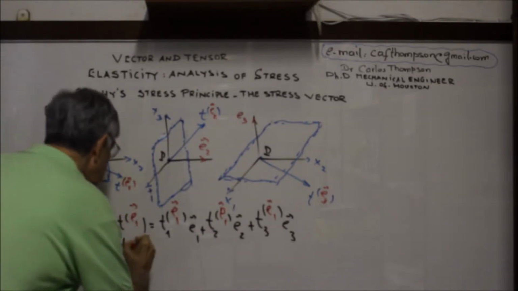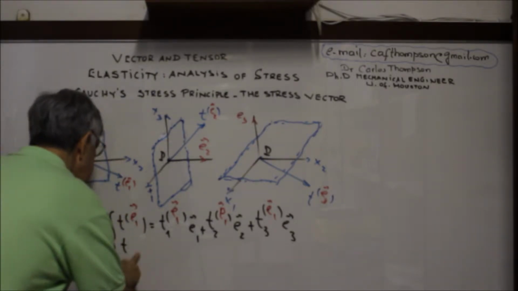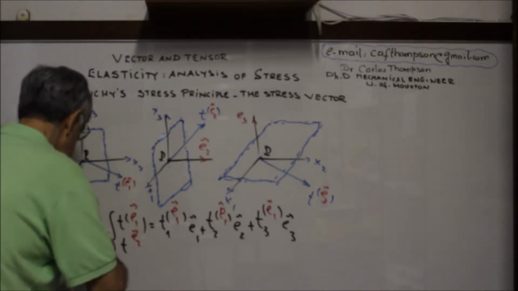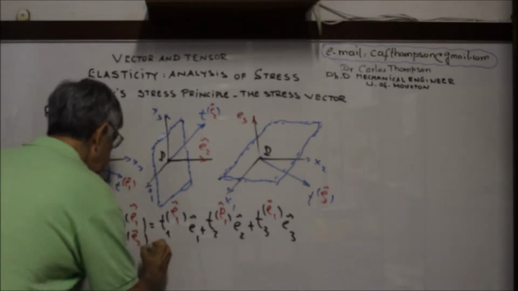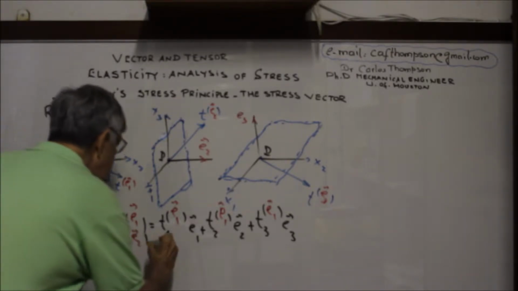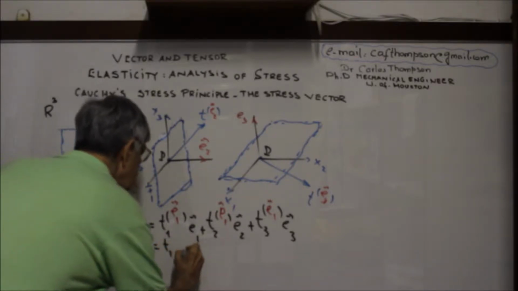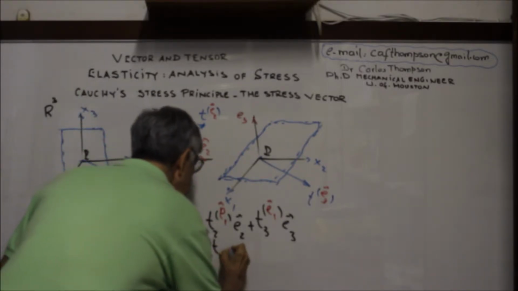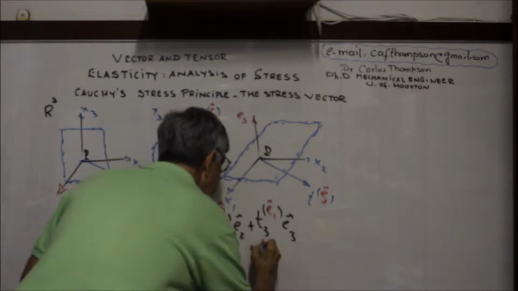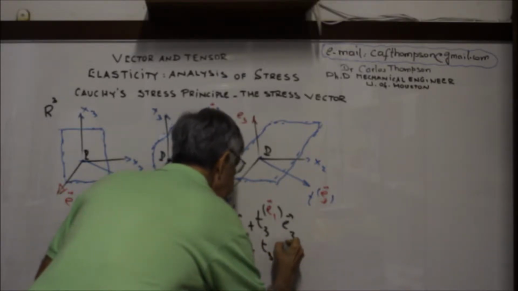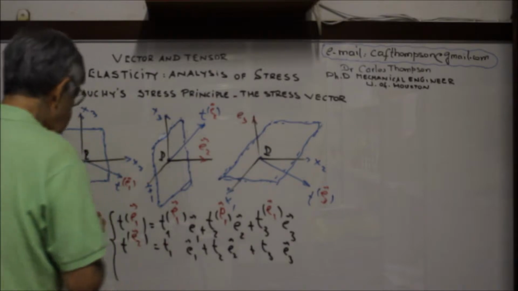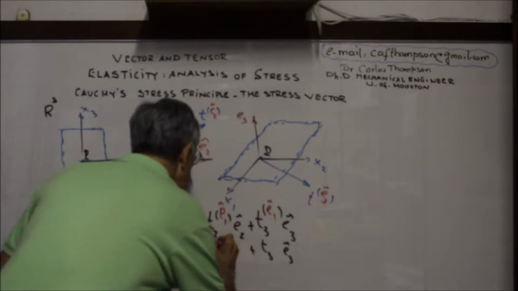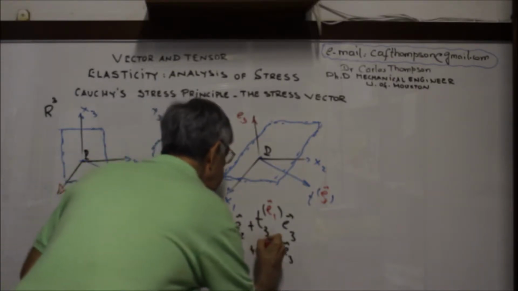So this is T of E2, again equal to T1 E1 plus T2 E2 plus T3 E3. Now, this is E2, this is E2, and this is E2.